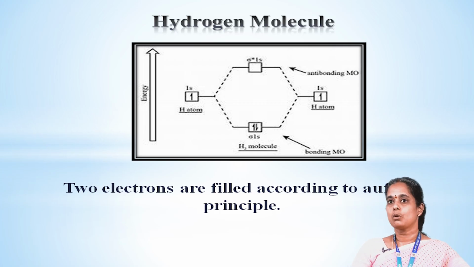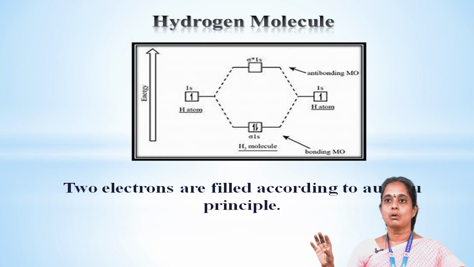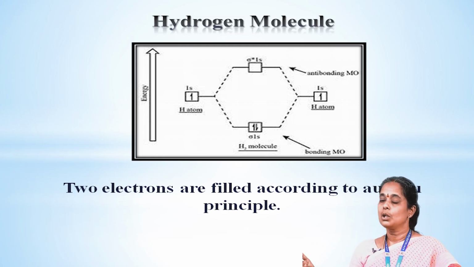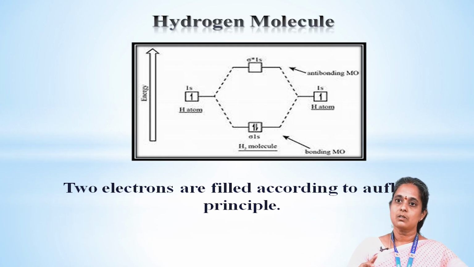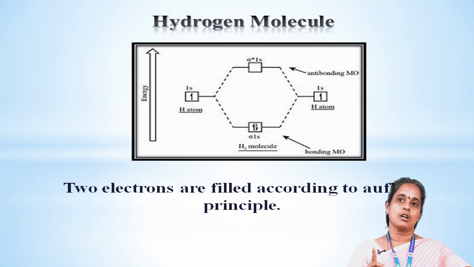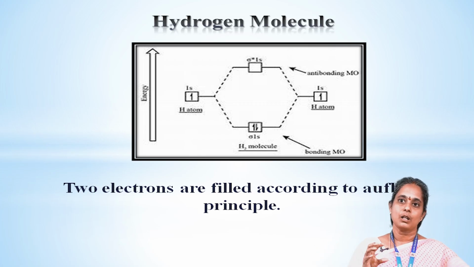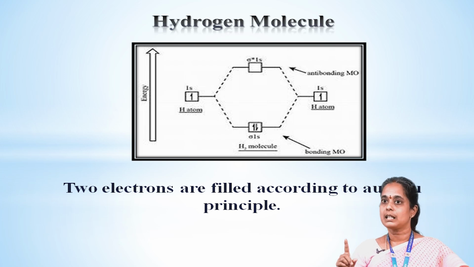In the hydrogen molecule, consider the formation of a hydrogen molecule. According to the molecular orbital theory, two atomic orbitals, one from each hydrogen atom, approach to form a molecule. The number of molecular orbitals formed from atomic orbitals is equal to the number of atomic orbitals.